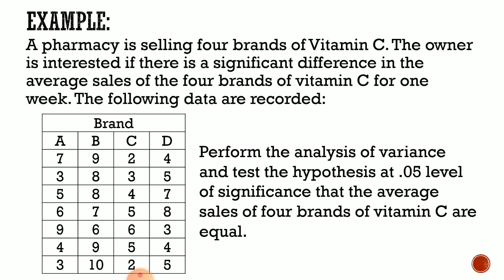Under brand B, we also have 7. Under brand C, 7 also. And brand D is 7 as well. Perform the analysis of variance and test the hypothesis at 0.05 level of significance that the average sales of the 4 brands of vitamin C are equal.